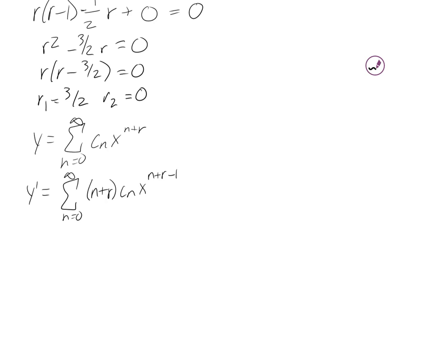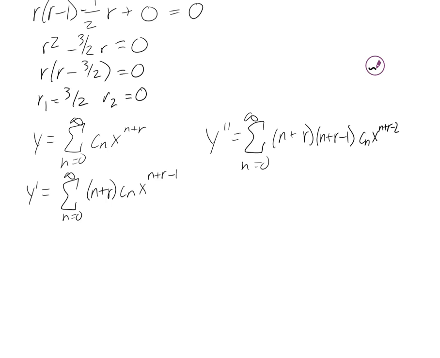And then we find the second derivative so that we can plug it back into our original equation: the sum from n equals 0 to infinity of n plus r times n plus r minus 1 c sub n x to the n plus r minus 2.